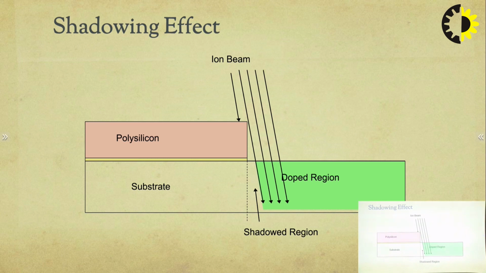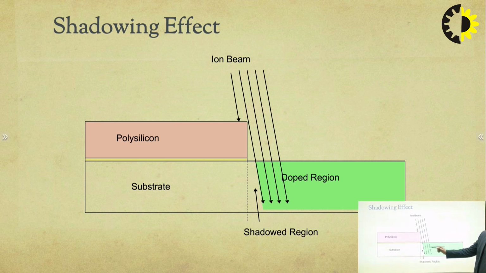Okay. Next topic is the shadowing effect. As we discussed, it may happen that the dopant ion beam that is bombarded on the wafer is not at a straight angle. It may have some tilt, and the impact that this tilt has on wafer doping is known as the shadowing effect.